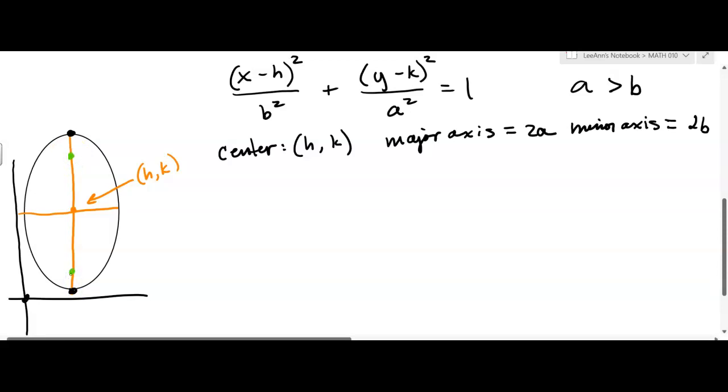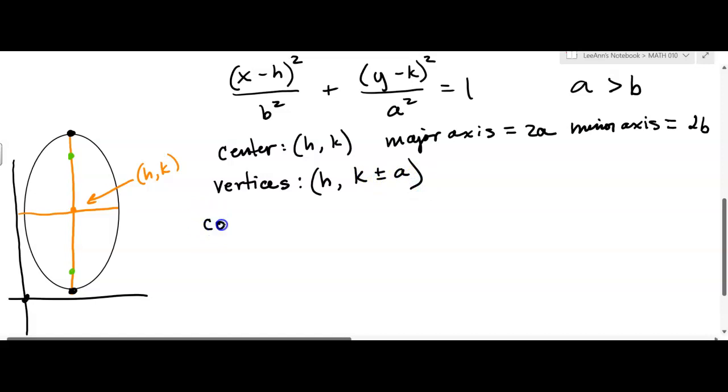Okay, the foci always have to be inside the ellipse. And so let's talk about the vertices. And again, it's like a transformation. We've picked up our ellipse and we moved it to a different center. So our vertices are going to be h, comma, k plus or minus a.